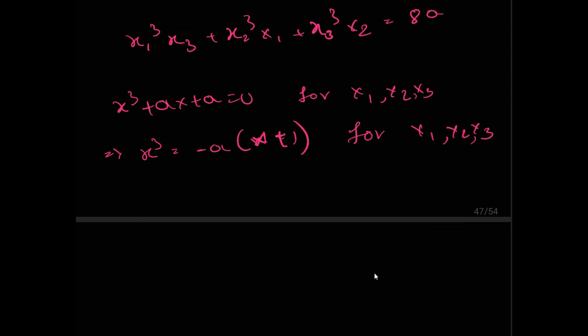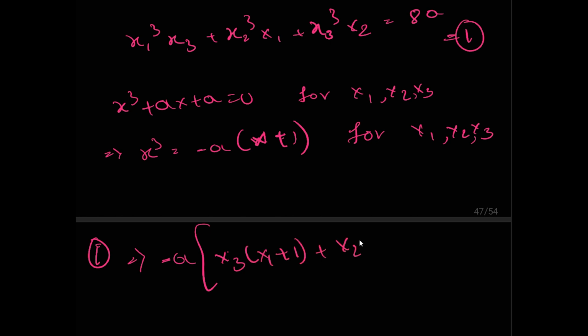Now substitute this in the above equation. We will get minus a common, x3 times x1 plus 1 plus x1 times x2 plus 1 plus x2 times x3 plus 1. This equals 8a.